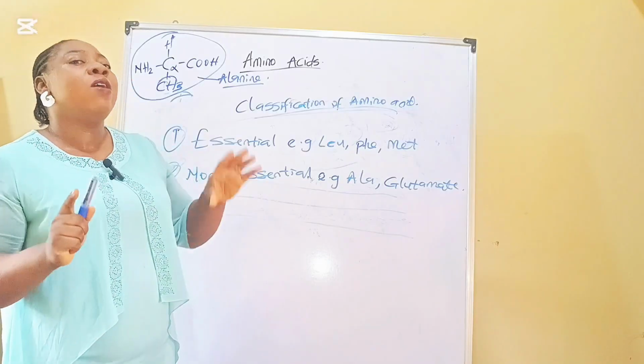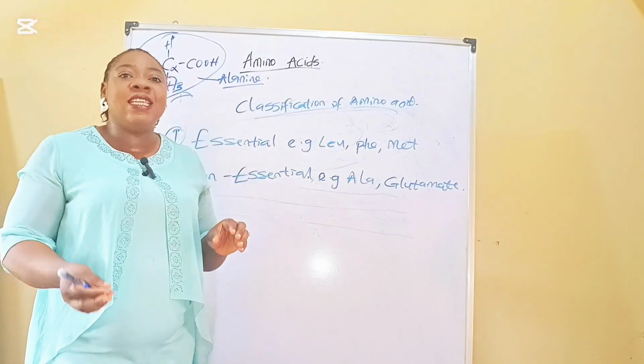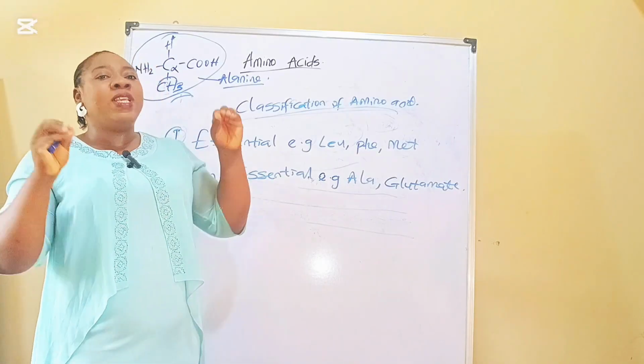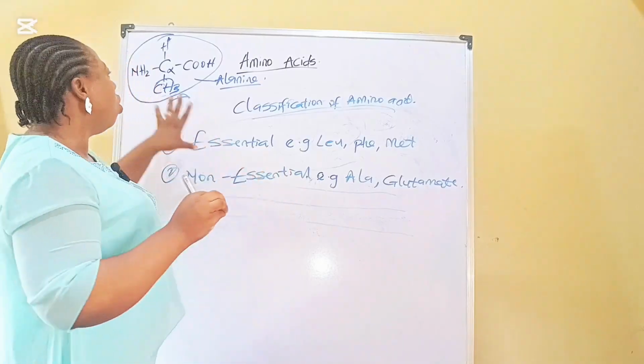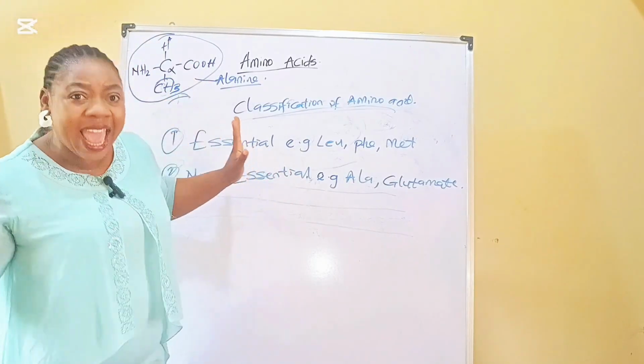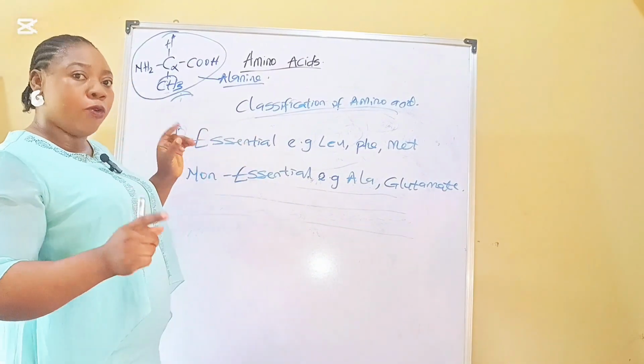And I said that what makes amino acid A different from amino acid B is what is at that side chain. So with that idea, we are able to draw the basic general structure of any amino acid, which means that the only thing that will be different is the R group.